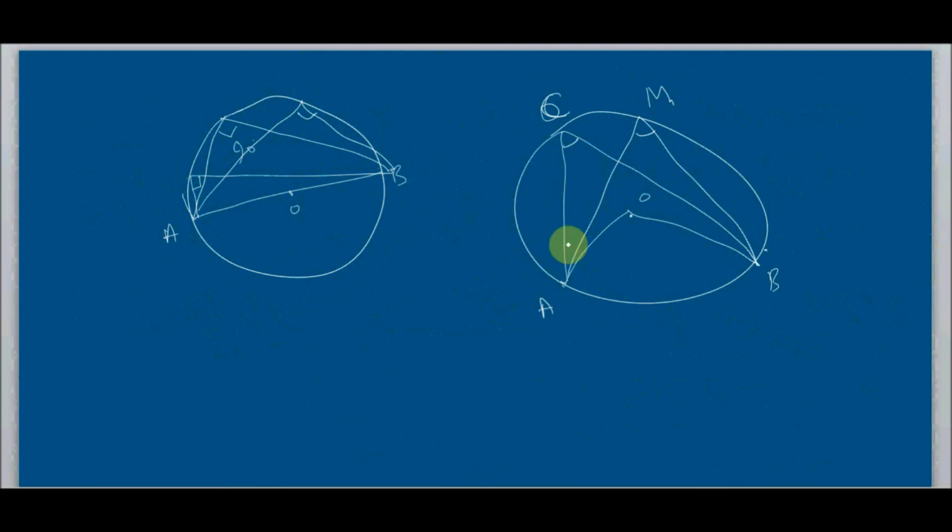Also notice that angle AOB will always be twice angle ACB, or twice angle AMB. I think it is clear.